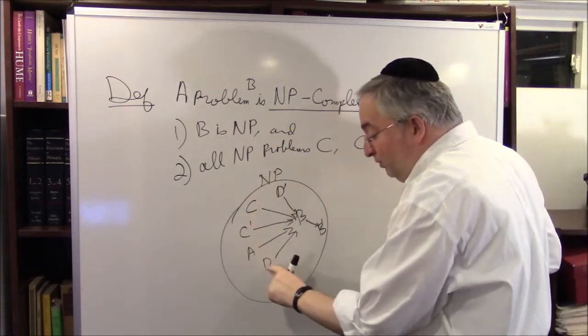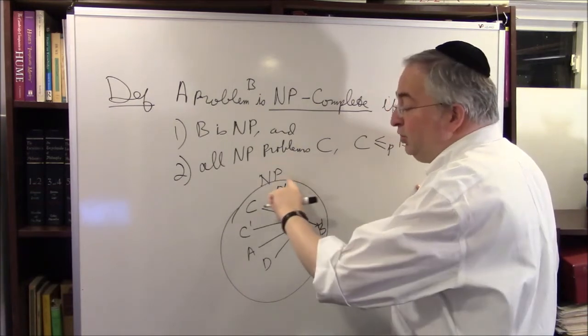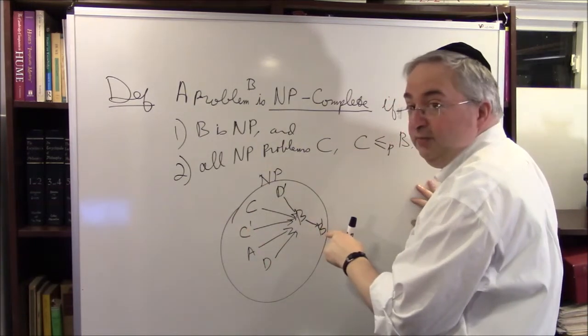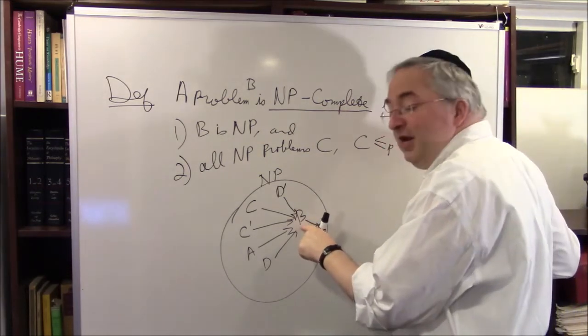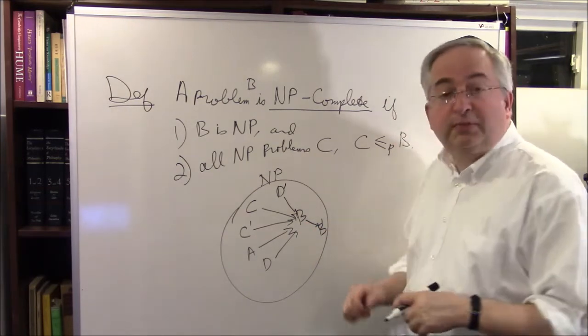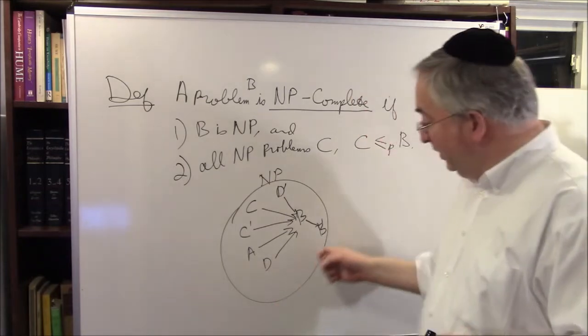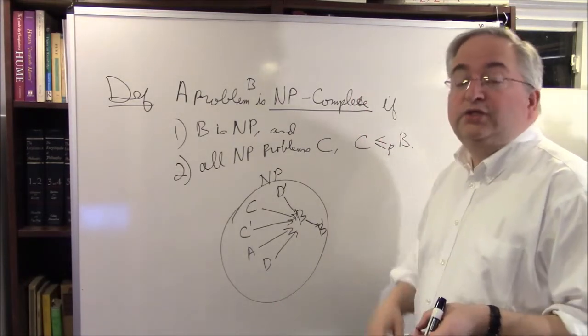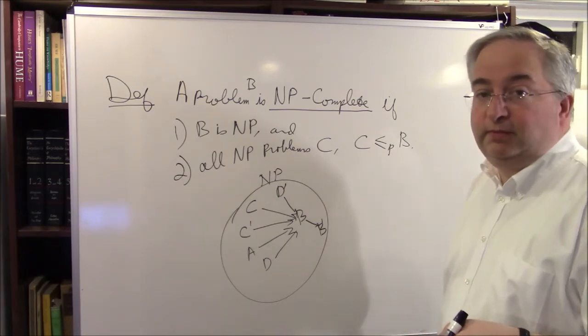Because all these problems can change into this, and this can change into this, all these problems can change into that problem. Once I have an NP-complete problem, I can easily make another NP-complete problem. All I have to do is show it's harder. So once you have an NP-complete problem, it's very easy to find other NP-complete problems.